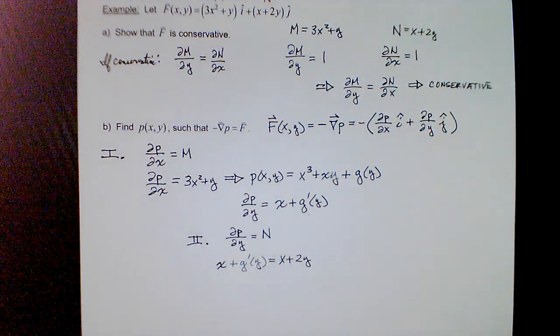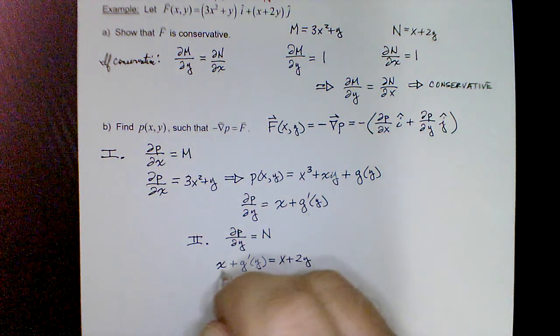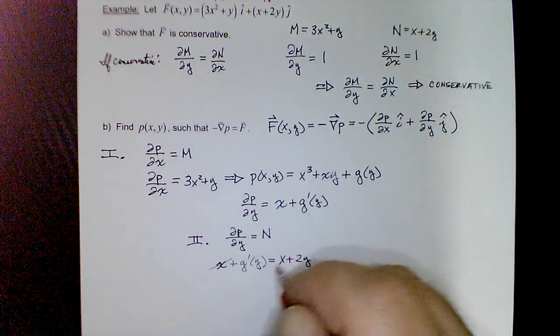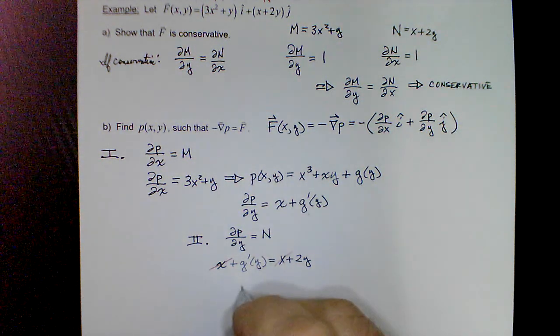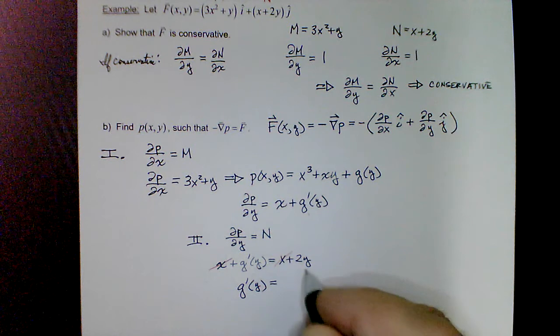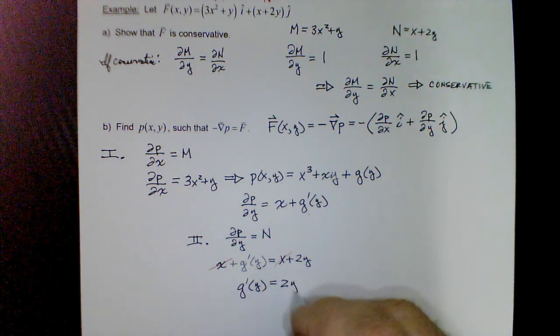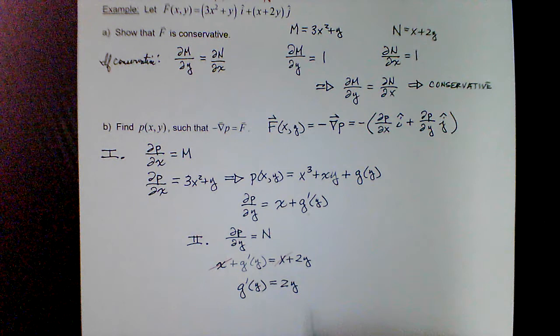And what happens here is what happened in the previous example, which always does. Any term containing an x will vanish, and you'll just get a function, g prime of y, which should always come out to just be a function of y, in this case 2y. And then we can integrate that to get g of y.